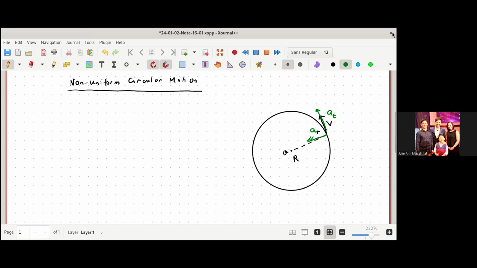Ngayon, yung tangential component related yan sa angular velocity. So if theta dot, ito yung shorthand notation in Newton for d theta dt. Another symbol for this is omega, the instantaneous angular velocity.